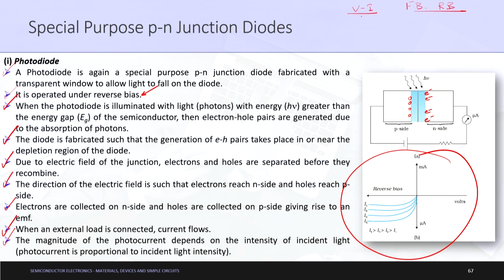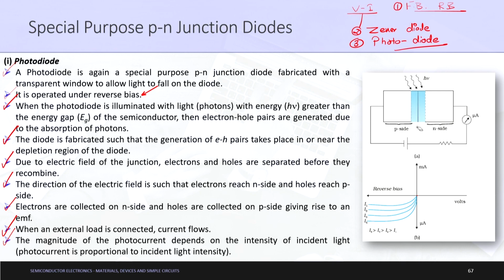Then the second thing we understood was based upon your Zener diode, and the third was based upon your photodiode. I think many more VI characteristics would come into the picture, so I suggest you keep on practicing all these concepts so that it will be clear when the exam appears.